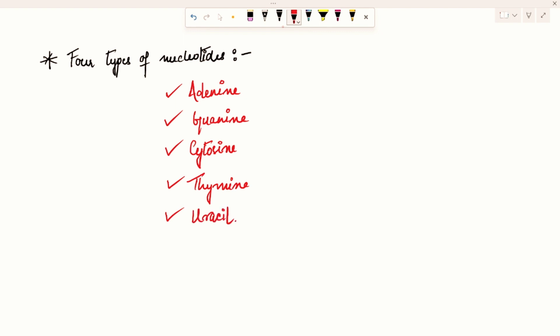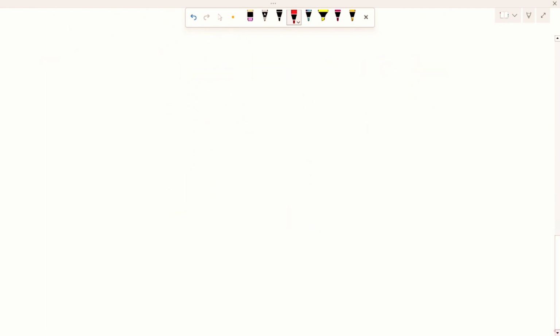This uracil is exclusively present in RNA. Now, let us understand how a nitrogenous base forms a nucleotide.